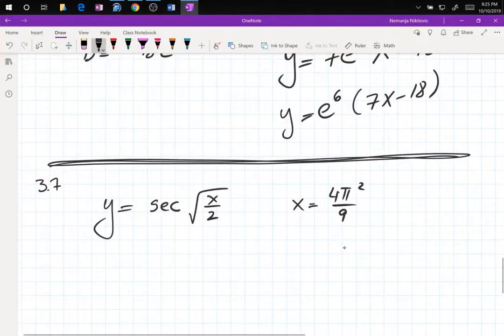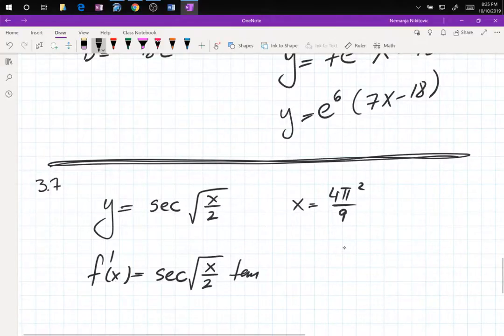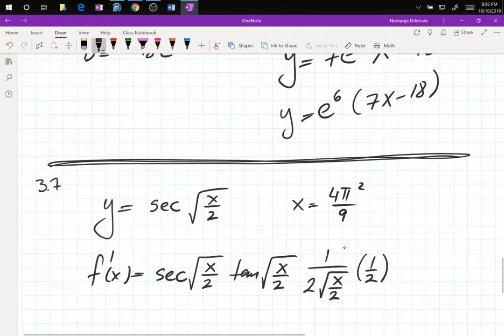All right, same procedure. We find the derivative first, and then we plug in the numbers. The derivative of secant is secant tangent. So we have secant of the square root of x over 2, tangent of the square root of x over 2, and then I have to take the derivative of the inner function, which is 1 over 2 square root of x over 2 times 1/2.